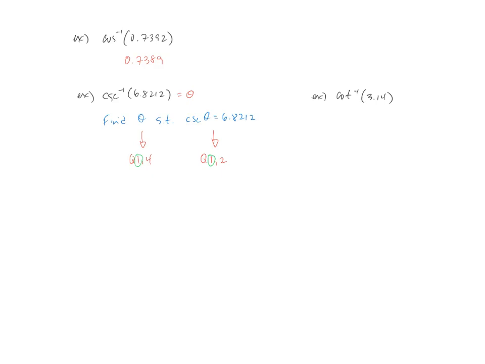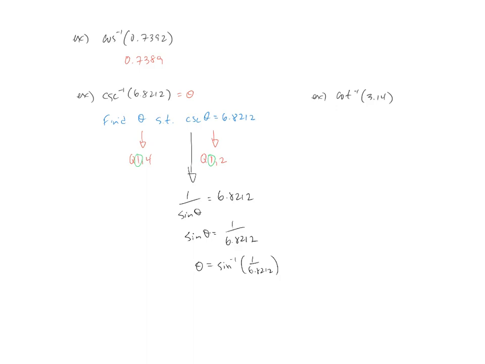So to punch this in a calculator, it looks like I'm probably going to have to come down here and view this as 1 over sine of theta equals 6.8212, which says sine of theta equals 1 over 6.8212. So that theta that we're looking for is going to be found by the inverse sine of 1 over 6.8212.